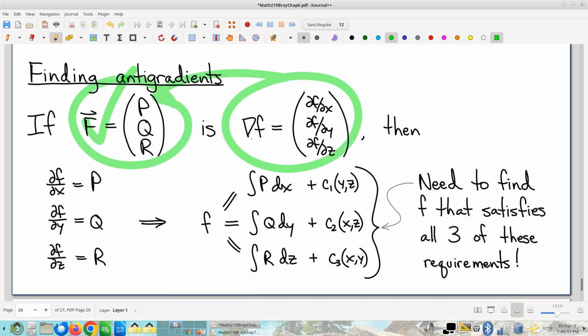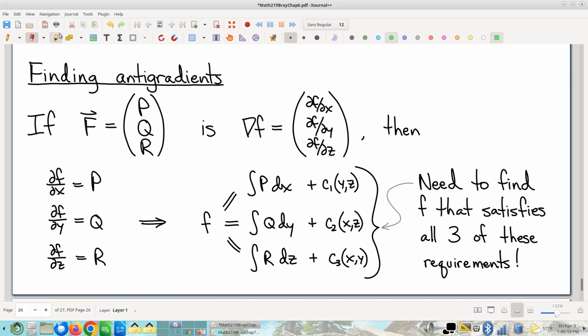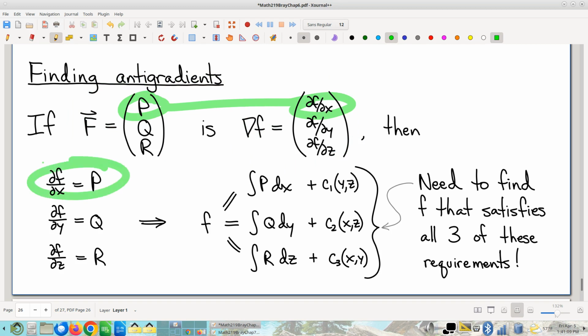If your vector field is in fact a gradient, look at the coordinates. Each one of the coordinates of your vector field is one of the partial derivatives for the function that you're looking at. So P, for example, is the x partial of f.